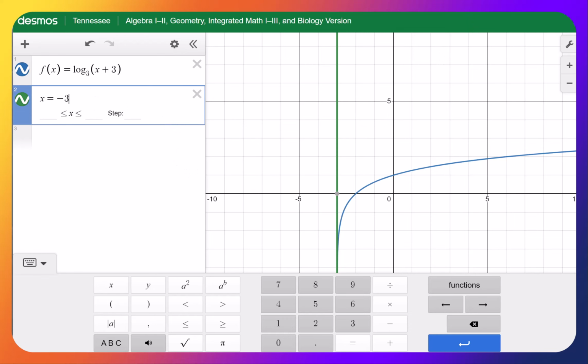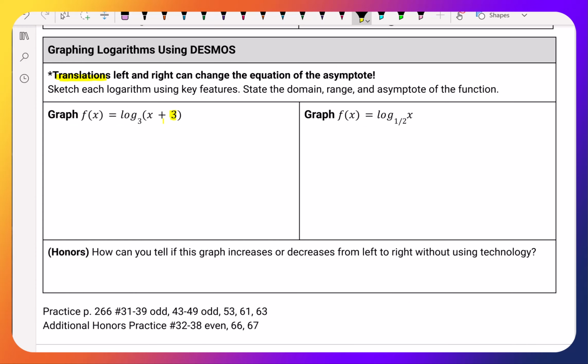So let's go back over and we're going to make a little sketch. So I'm going to go ahead and do -1, -2, -3. And say this is x equals -3. That's my asymptote.